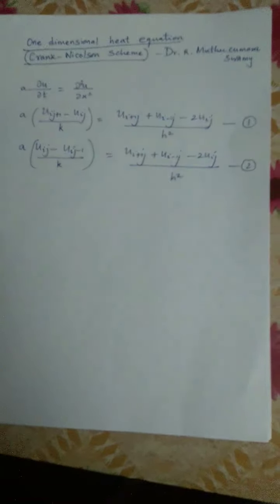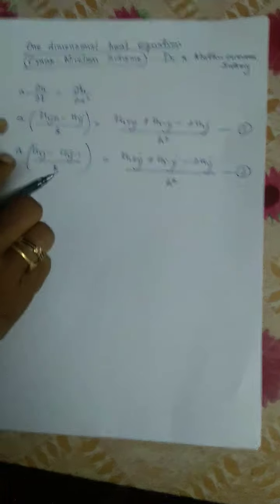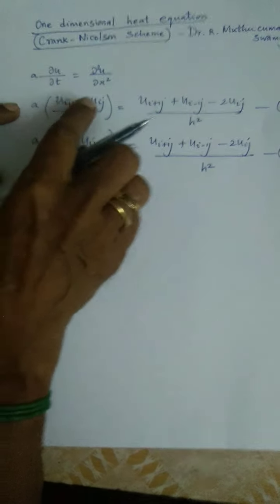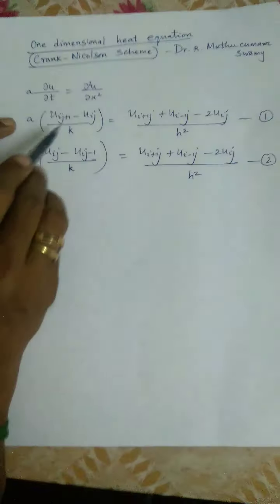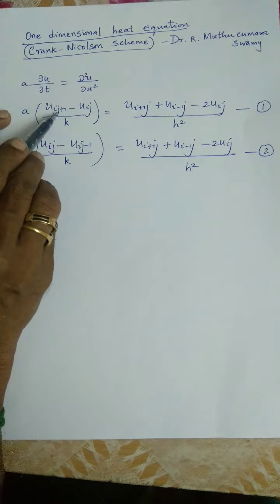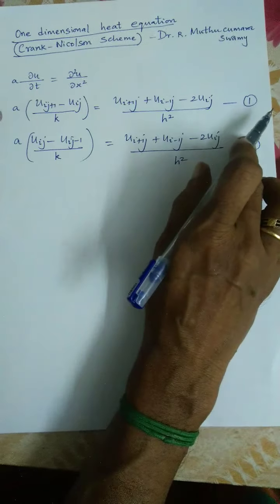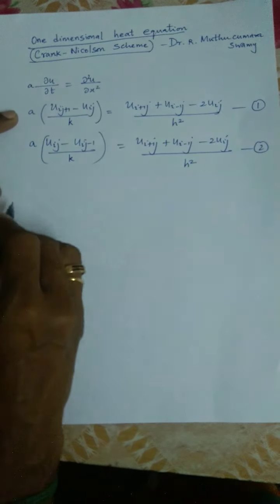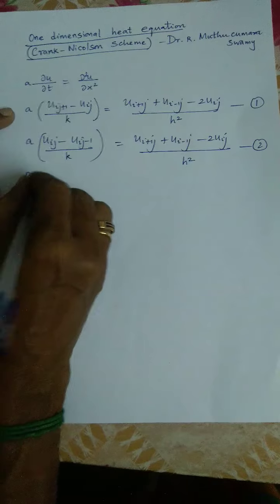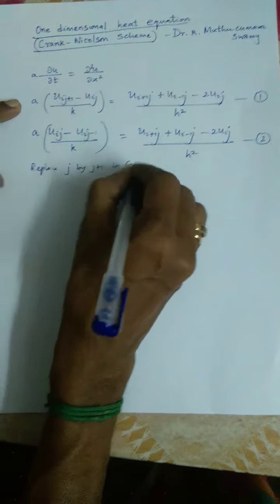Now the Crank-Nicholson idea is to change equation 2 similar to equation 1 on the left hand side. What is the difference between these two suffixes? i is fixed, only j changes. This one is using the forward formula and this one the backward formula. Now replace j by j plus 1 in equation 2.